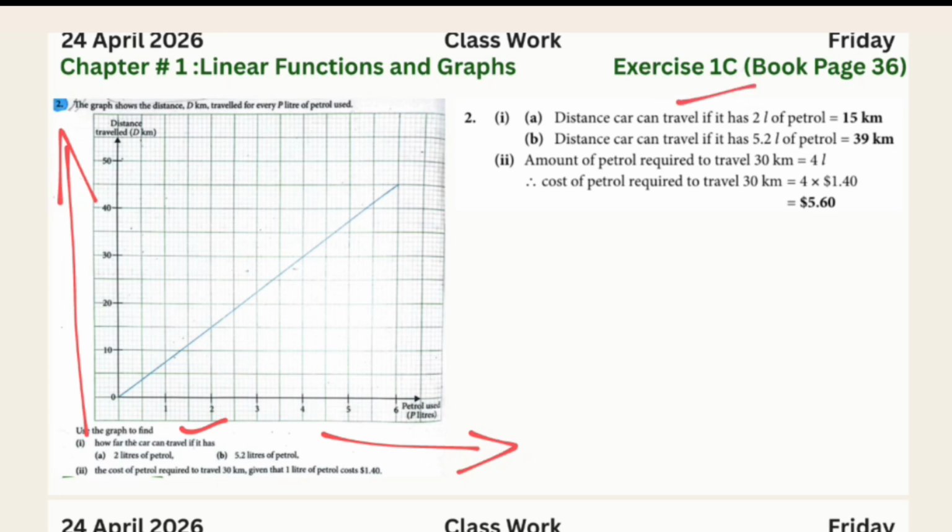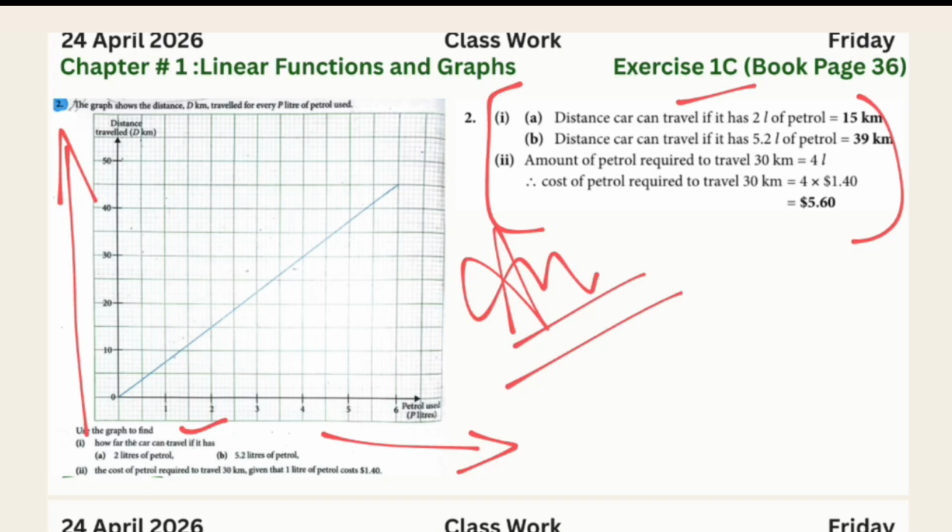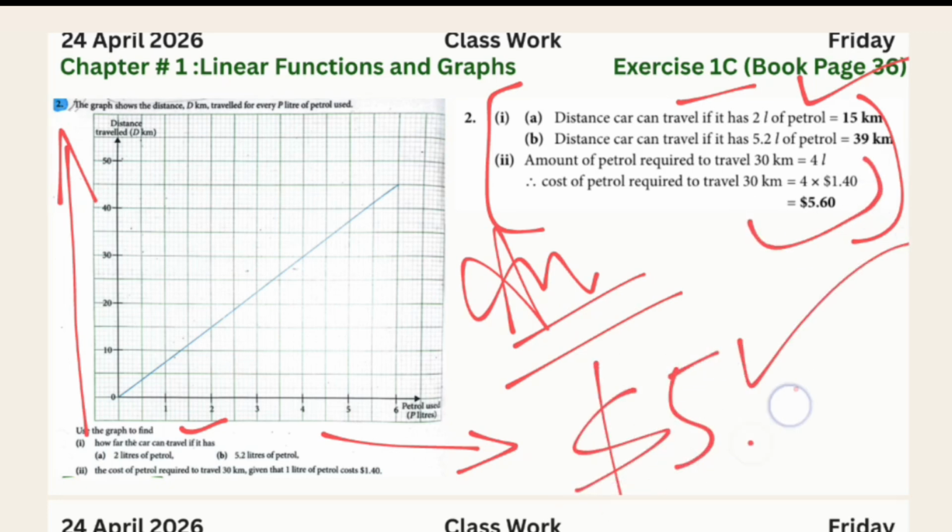So here is the answer: the distance the car travels with 2 liters of petrol. So 14 kilometers the car will travel. Yes, Musa, is it clear? Yes. 2 liters of petrol will travel 15 kilometers. Clear? Yes. So here we go. Next we have 5.2 liters of petrol, 39 kilometers. We just need to multiply these both and we are good to go. $5.60 is your answer.